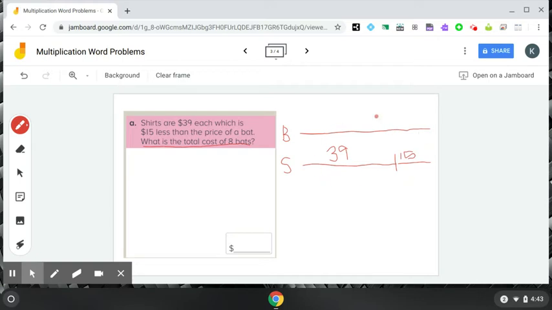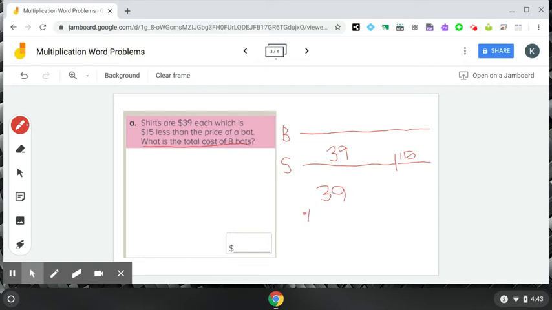So, in looking at this model, what could you do to find out how much a bat even costs? We need that information before we can think about how much 8 bats cost. So you can see here that you need to do some addition before you even go about multiplying.